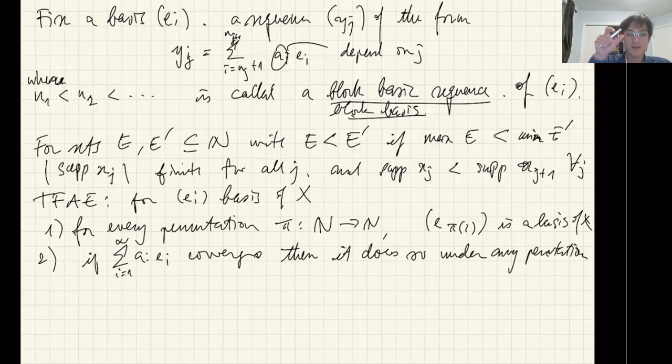So it's kind of like the first definition, but now you have a sum with all these terms, and if it converges, then it does so even if you permute all the terms.